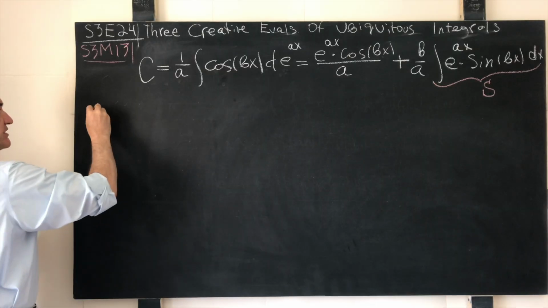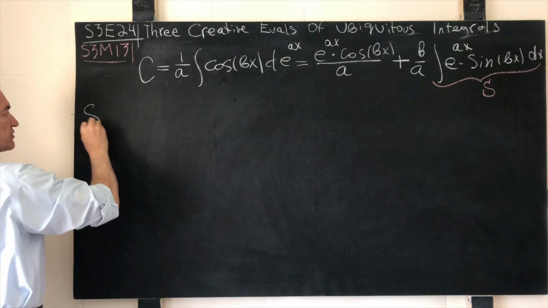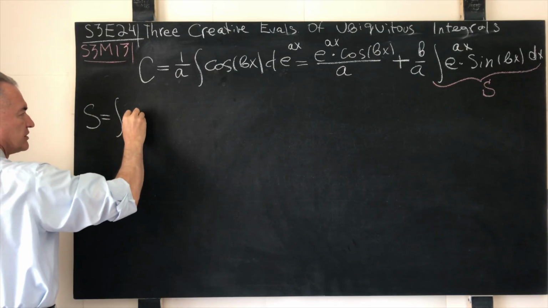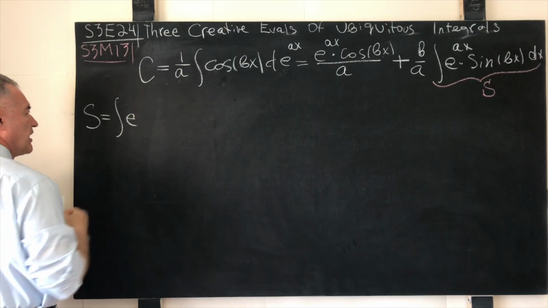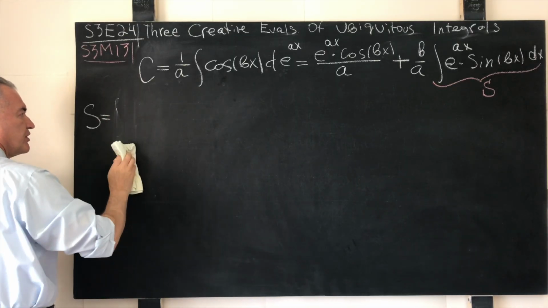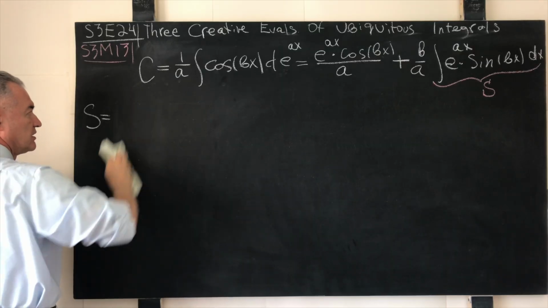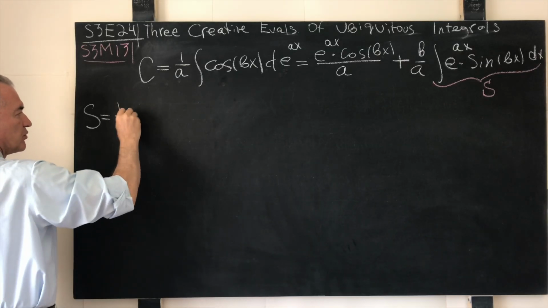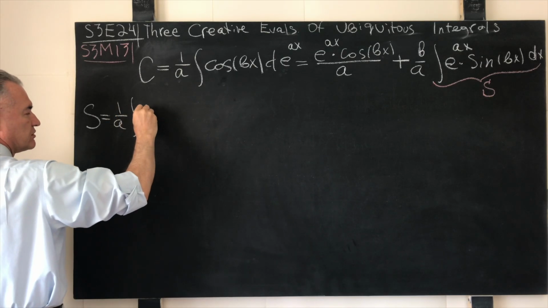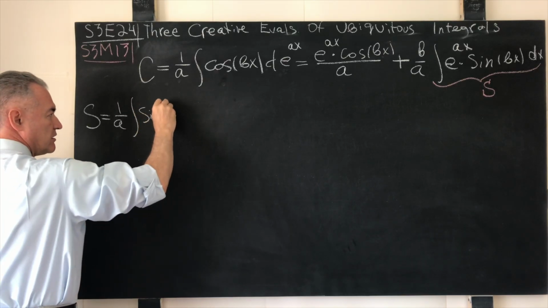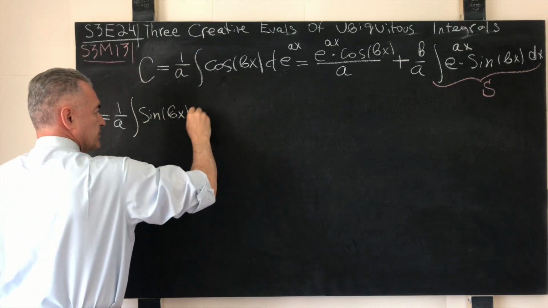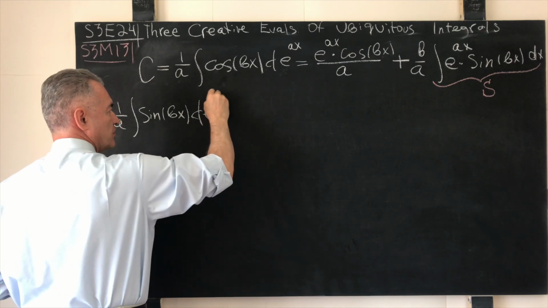And if we repeat the same maneuver for our integral s, this is e to the power ax, but we move this whole thing right away. Let's do this on the fly. Save a little bit of space. So this will be 1 over a integral of sine bx d e over ax.